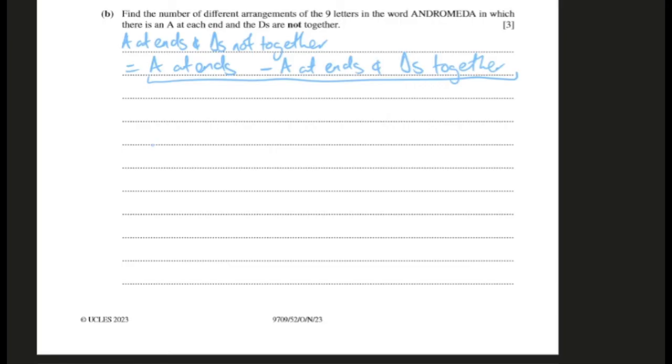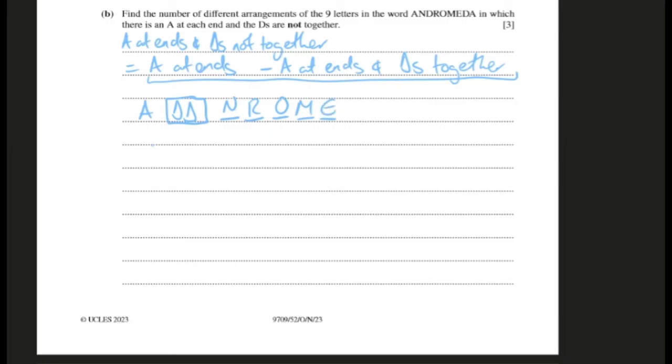So we've got our letter A here, and then we want our D's to be together. What other letters do we have? We've got N, we've got R, O, M, E, 1, 2, 3, 4, 5, 6, 7, 8, and then we have another A there.